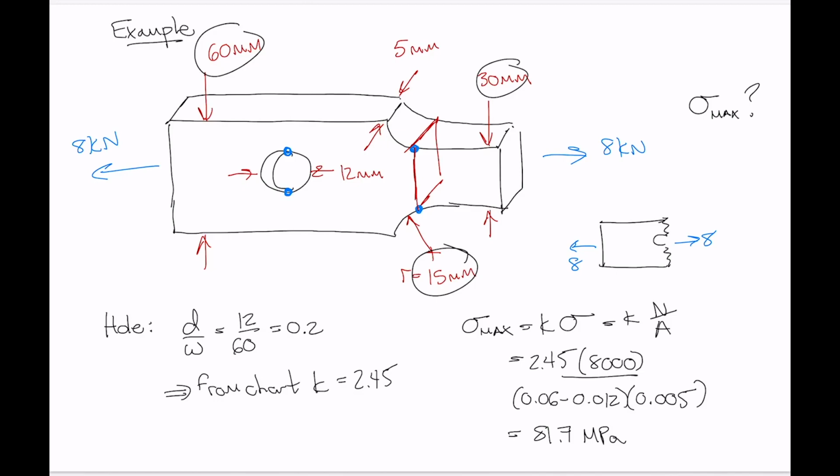But in a ductile material, if you, for instance, exceeded the yield stress of the material right at this location adjacent to the hole, then you'd get a bit of plastic deformation at that location. But we know that in the stress strain curve for ductile materials, we have the yield point and then we have a further increase in strength.